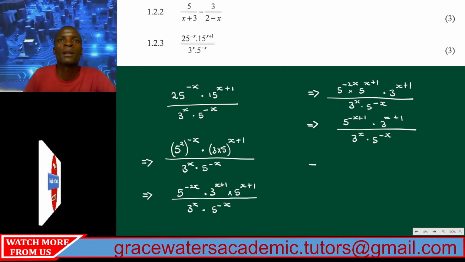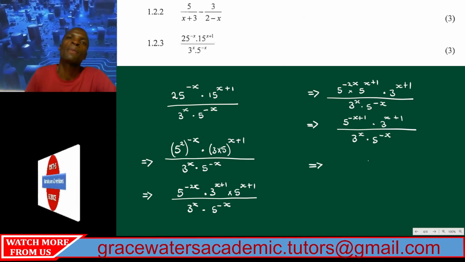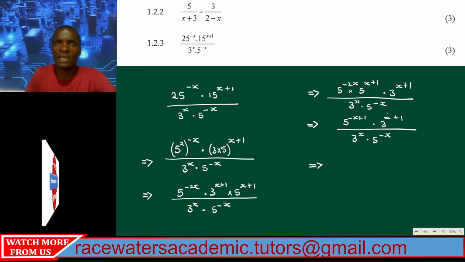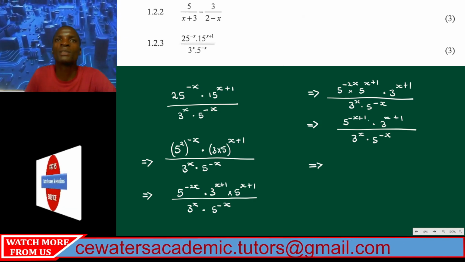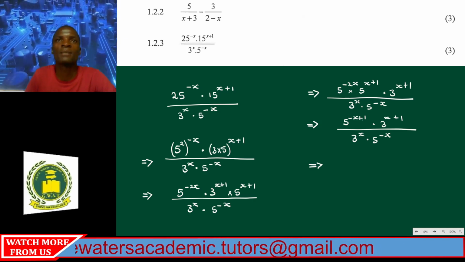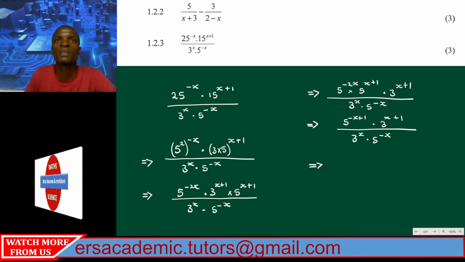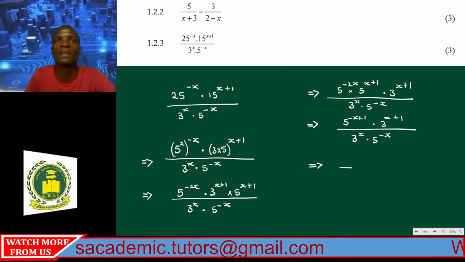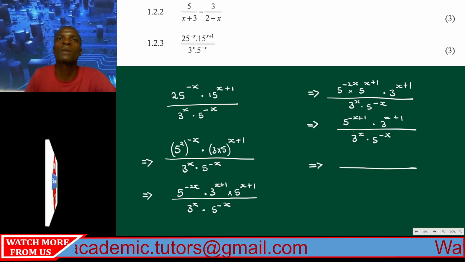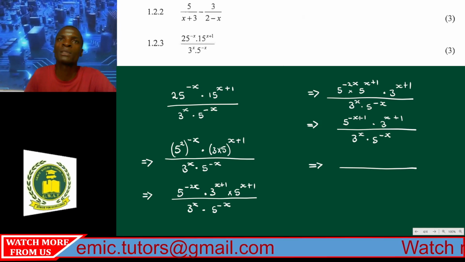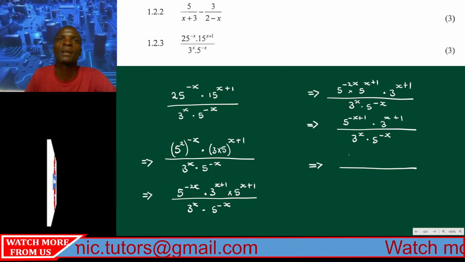Right, next stage here, guys, what you can see is this. We cannot cancel anything here because the numerator still has a plus sign and minus sign, meaning it needs to be simplified further by the laws of indices. So we apply the law of indices which says if we are adding the powers, then we are multiplying the bases.